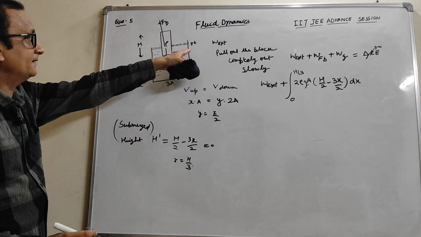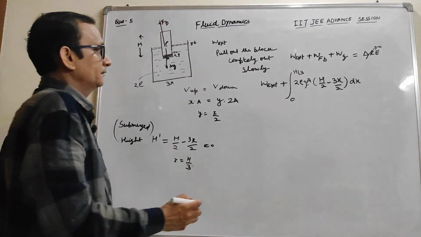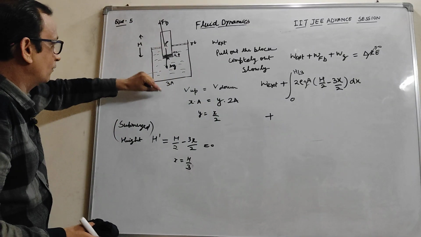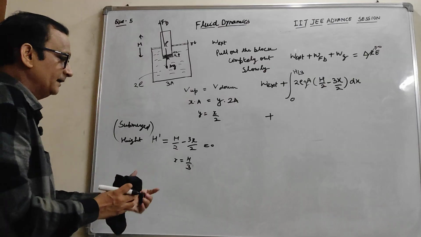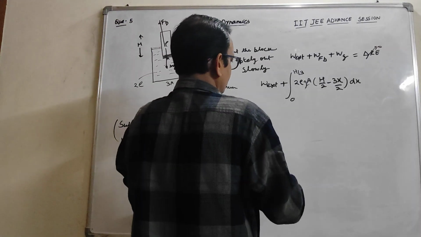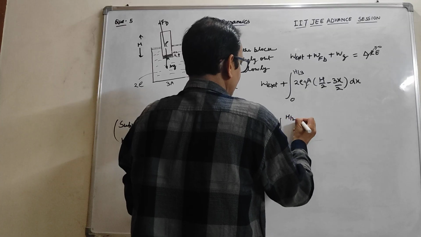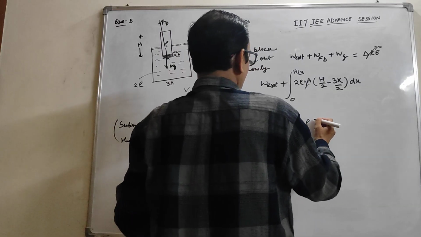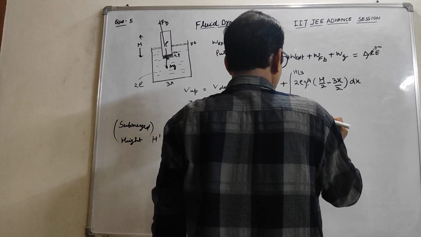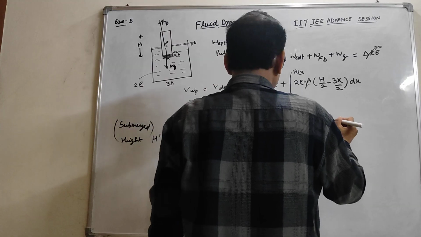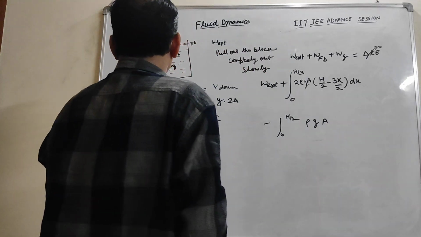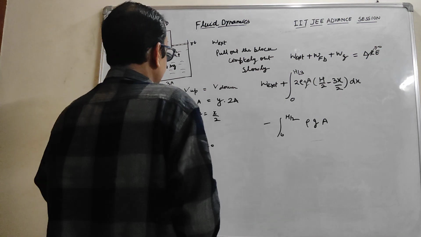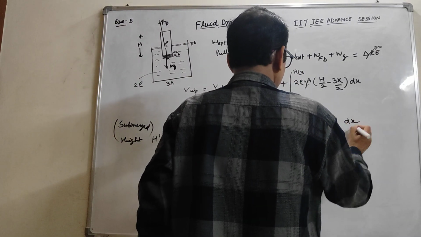For h by 3 distance, the block completely would be out, and gravitational force is acting downward but displacement is upward, so cos 180, and we know cos 180 is minus, so this minus sign, and 0 to h by 3, and density of block is rho, g, area is A, and h is this, but gravitational force is acting on total height, that is h into dx.